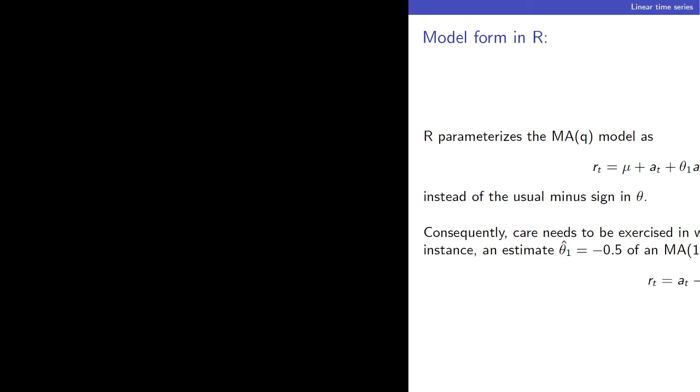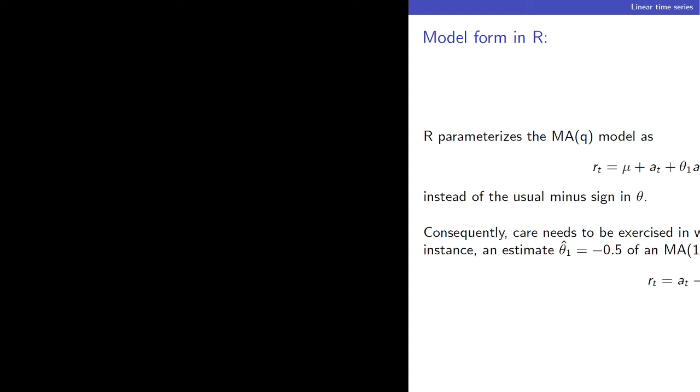MA(q) models are parameterized by R in this way. I mean, using the backshift notation here. These theta 1 to theta q are with plus instead of with minus.